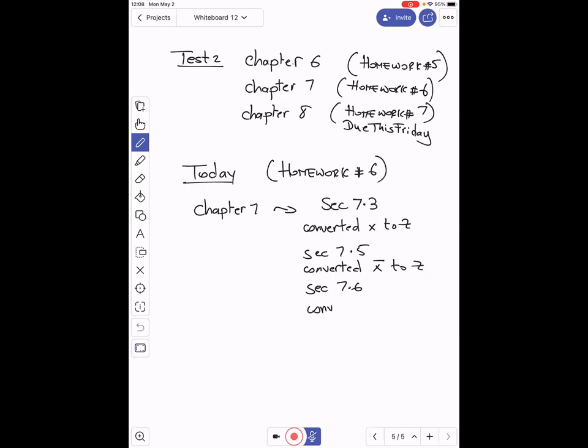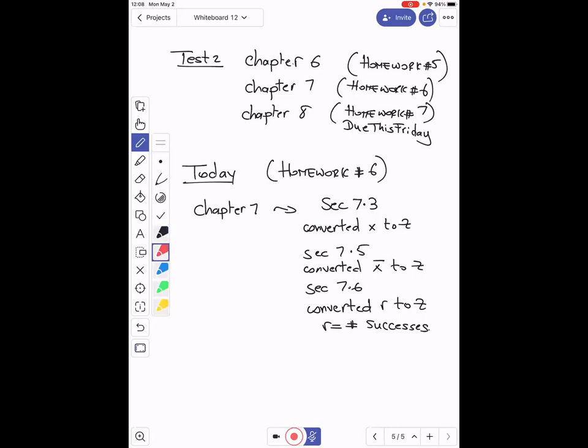So in 7.6, we converted r to z. Again, r here is the number of successes in a binomial distribution. All right. So these are the main sections of chapter 7.